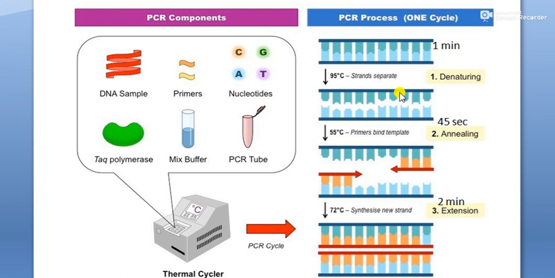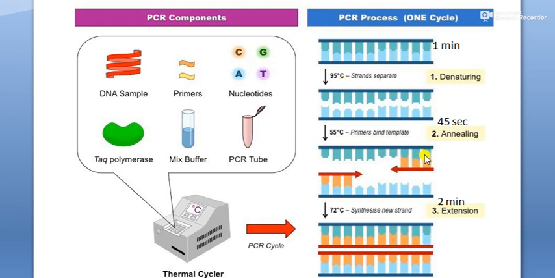At this very high temperature, 95 degrees centigrade, all kinds of proteins can denature. You can see here, the proteins denature. It is the DNA that denatures at 95 degrees centigrade.